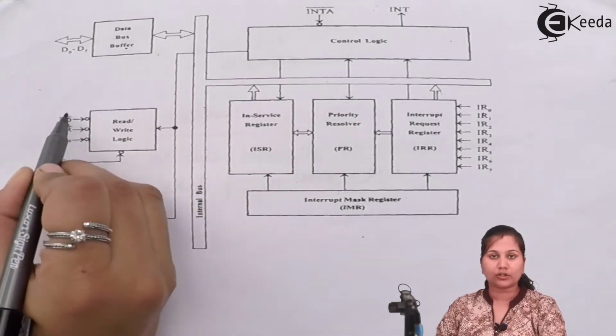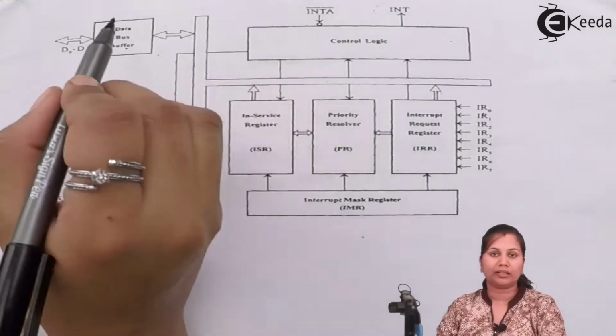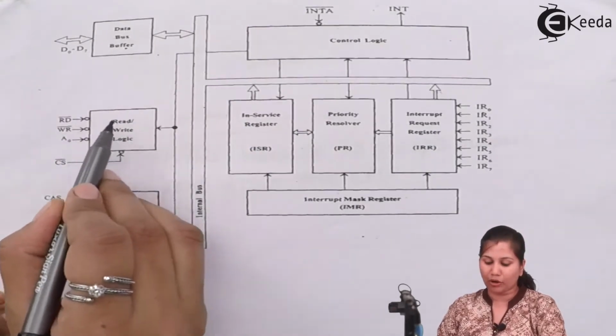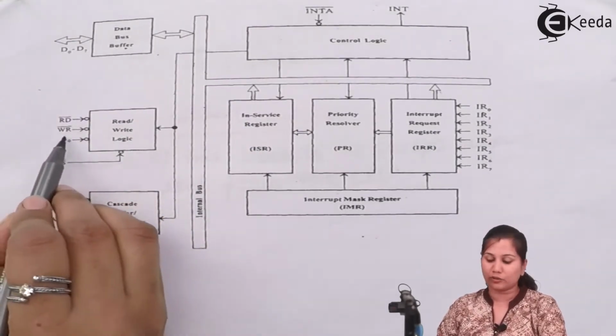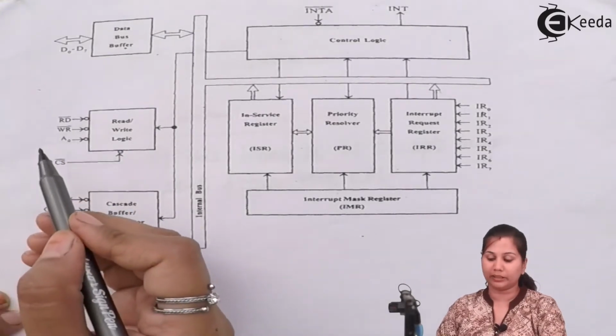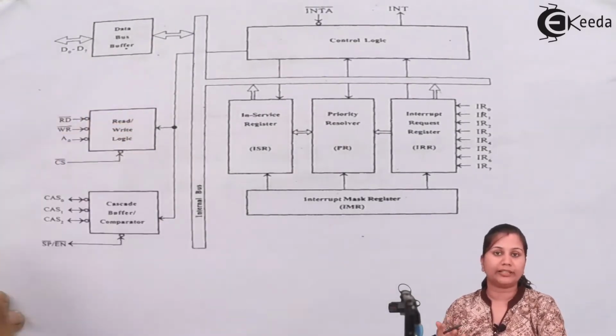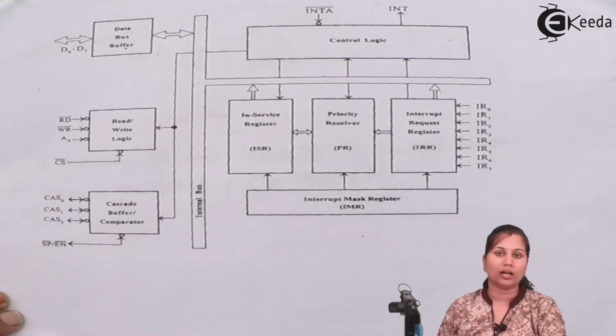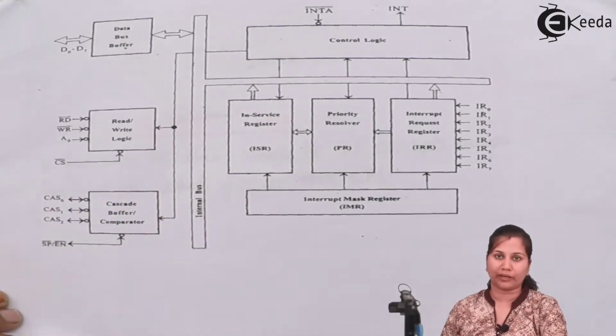When this signal is low, the status will be read by the microprocessor. And when the write signal is available, the microprocessor will give the command words, and those command words will be written into the control register of 8259.